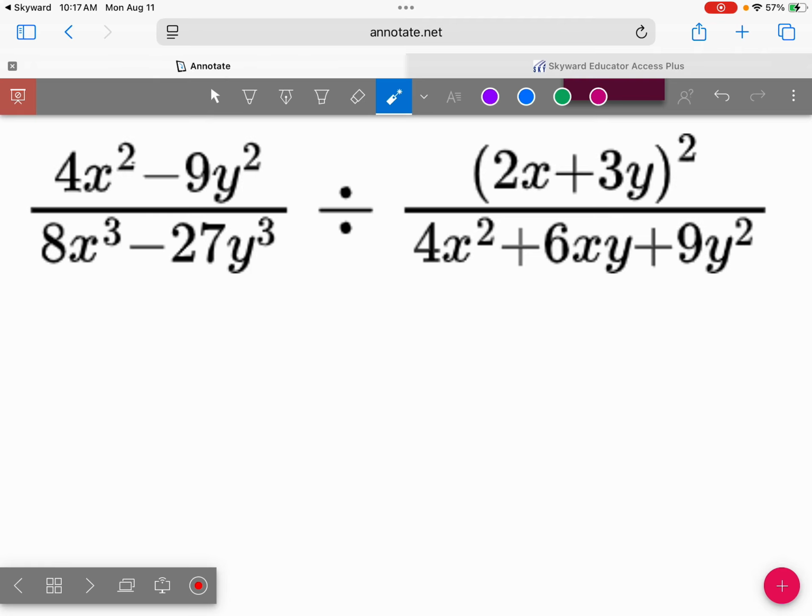Our left fraction, we have our numerator of 4x squared minus 9y squared, and a denominator of 8x cubed minus 27y cubed. And then we're dividing by a fraction that has our 2x plus 3y as a quantity squared, and a hot mess of a denominator that's 4x squared plus 6xy plus 9y squared. Gross.